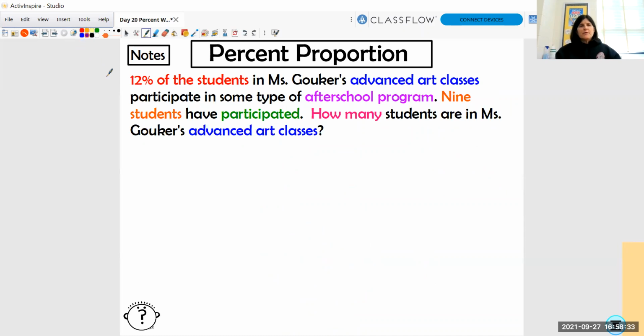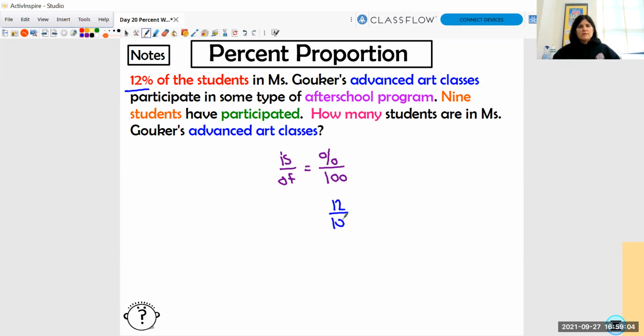In this second example, it says 12% of the students in Miss Gauker's advanced art class participate in some type of after-school program. 9 students have participated. So how many students are in her advanced art classes? So we want the part to the whole, and that's going to be equal to the percent over 100. So first step is to figure out what we've got. We have this 12%.